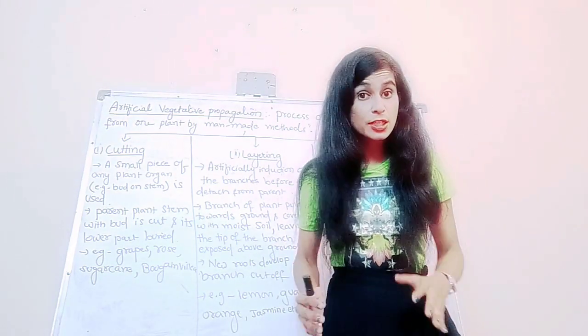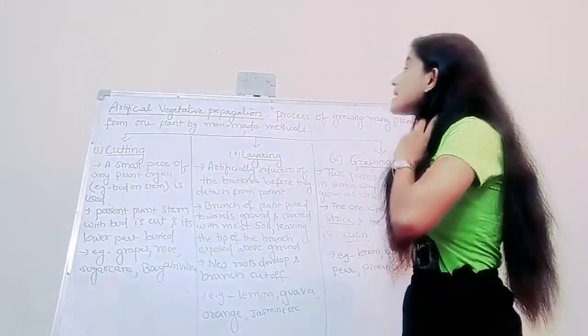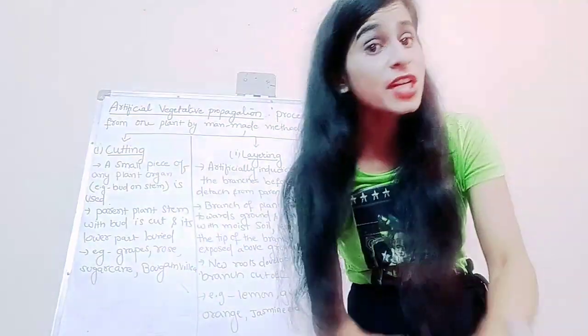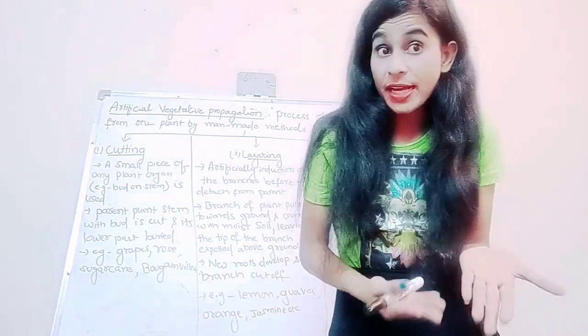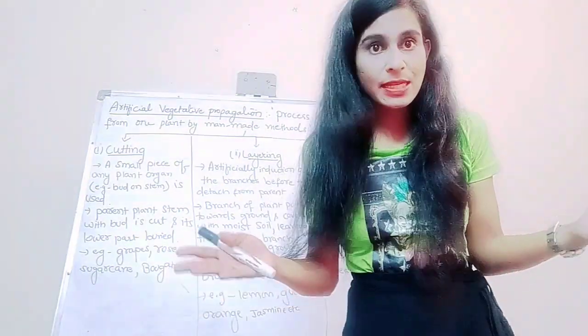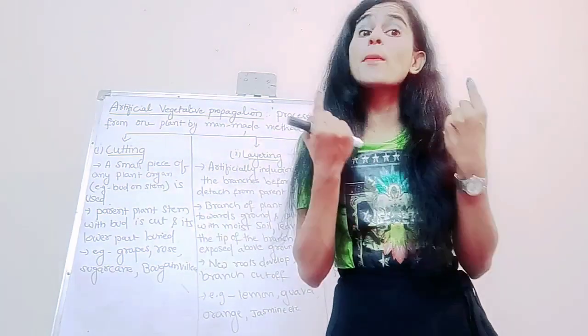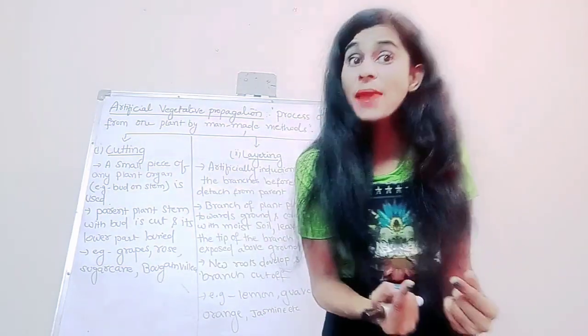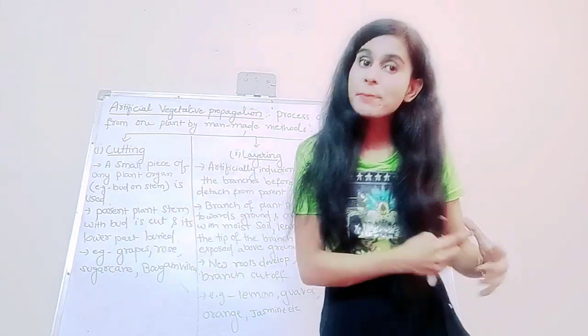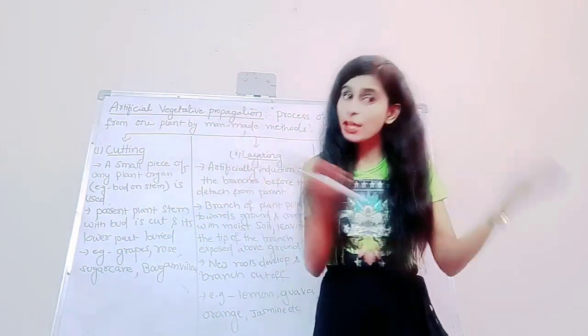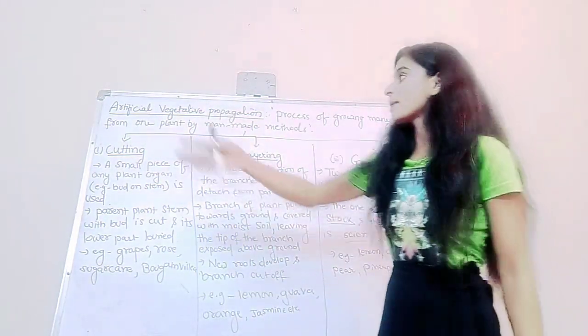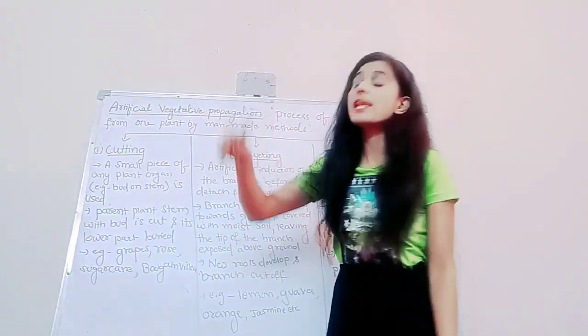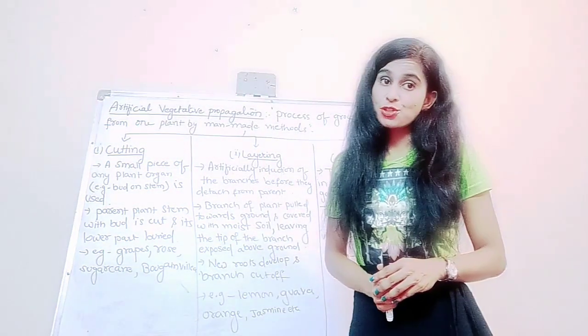Understood what exactly it is? It's nothing but production of many plants from a single plant by man-made methods, done artificially, and hence it is called artificial vegetative propagation.